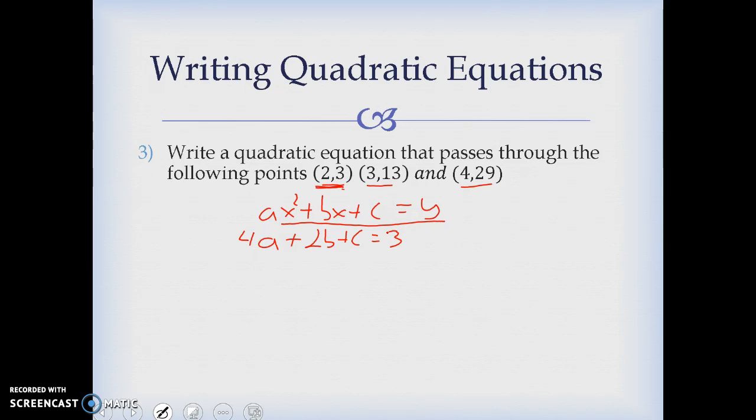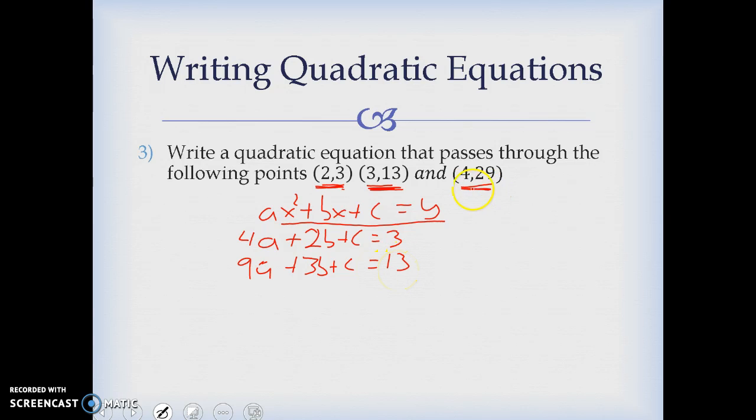I'm going to do the same thing with the next 2 points. So if I do the same thing with this point, the x value is 3. So it's going to be a times 3 squared, which is 9. So that's 9a plus b times 3. Well, that's 3b plus c equals the y value, which is 13.